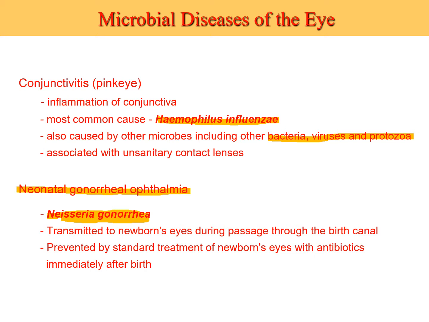This has been pretty much completely prevented by the standard procedure of dabbing antibiotics into the eyes immediately after birth. Every baby gets antibiotics in the eyes to prevent Neisseria gonorrhoeae ophthalmia.